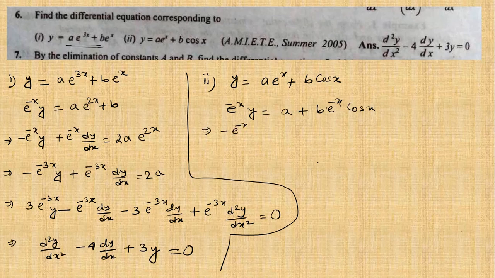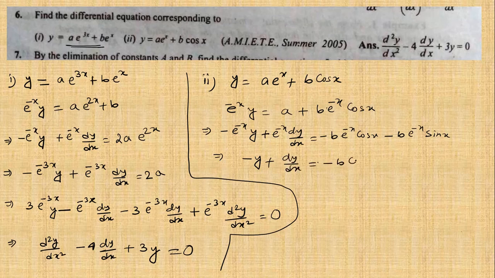So e to the power minus x y plus e to the power minus x dy dx equals b to the power minus x cos x and minus b to the power minus x sin x. So if we multiply by e to the power minus x, minus y plus dy dx equals minus b cos x minus b sin x.